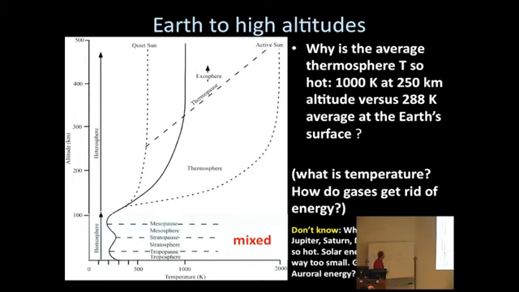But one thing we don't know is why thermospheres on Jupiter, Saturn, Neptune, and Uranus are so hot. So if you do the calculation with just solar energy absorption, you'll get a really bad answer, especially for Jupiter. You'll be out by about 700 Kelvin. You'll get an answer of 200, and it should be more like 1,000.